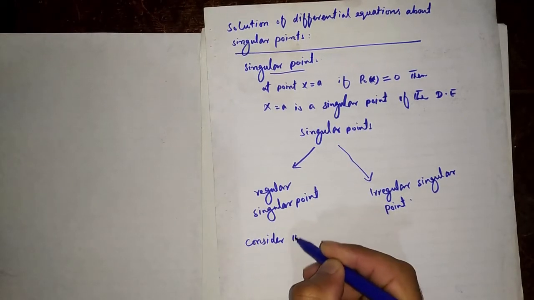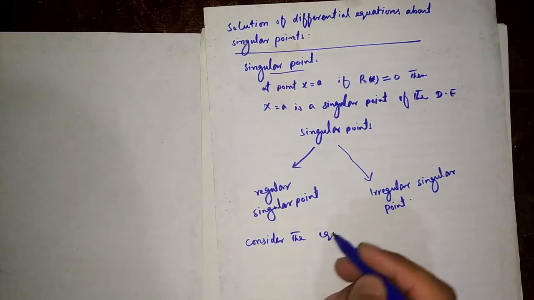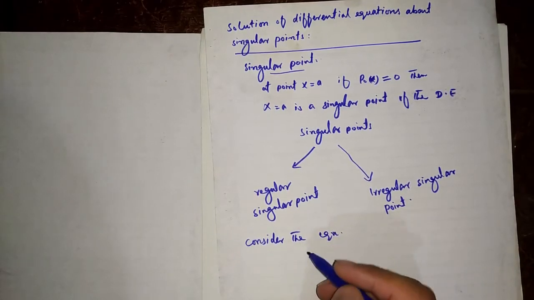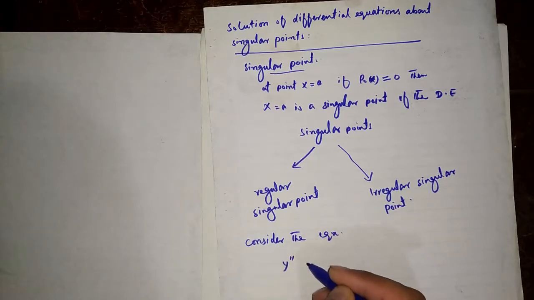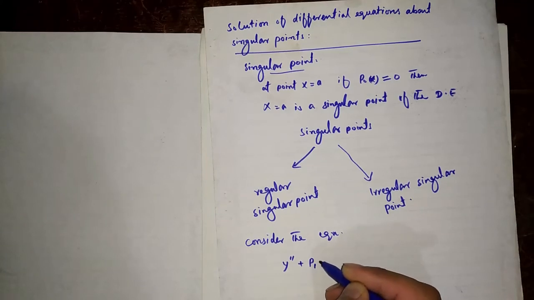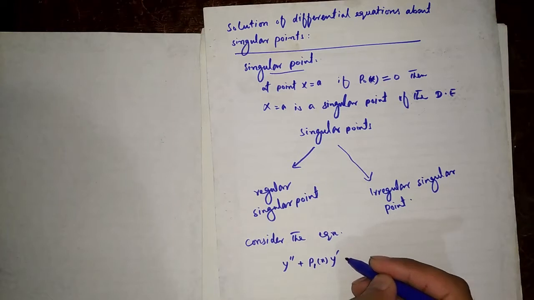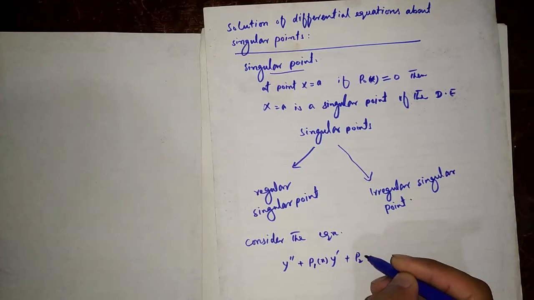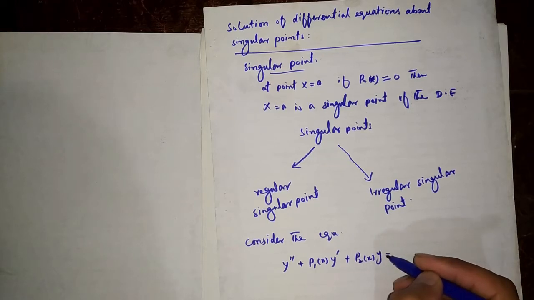Consider the differential equation. Let's suppose this is y double prime plus p1 of x y prime plus p2 of x y, which is equal to 0.